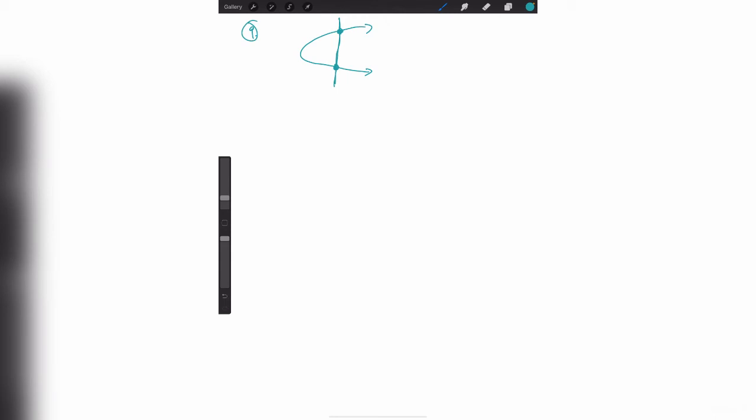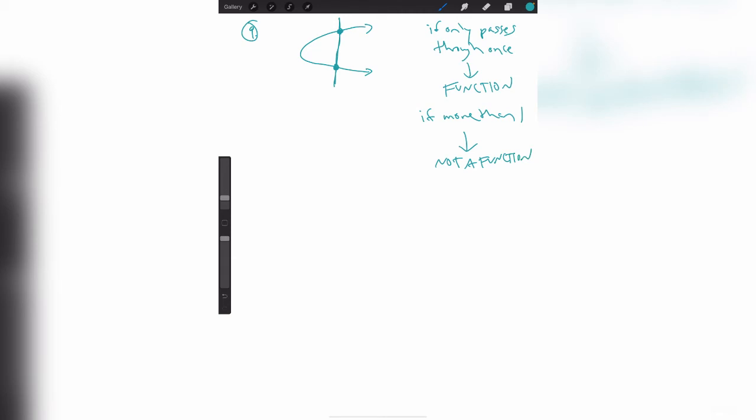The vertical line test says that if it only passes through 1 time, then it's a function. But if more than 1, then it's not a function.